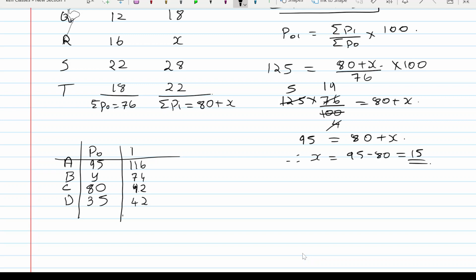So P0 and P1. हमेशा क्वेश्चन देख लेना, taking 1995 as the base year. ठीक है ना? P0 P1. What you are told is the simple aggregate price index number is 120. So same method, find y.